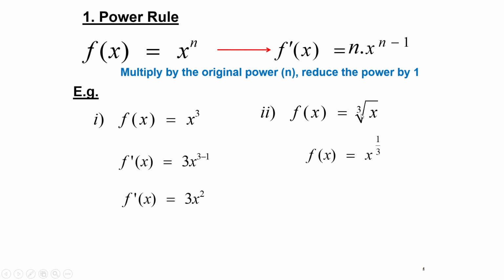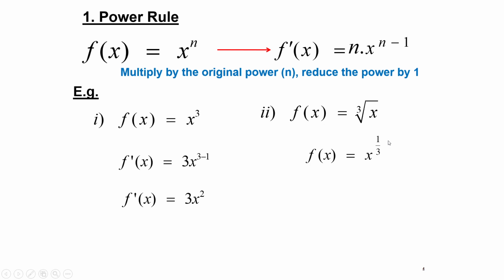If you rearrange this, it will look like x power 1/3. Cubic root of x is the same as x power 1/3. You can use laws of indices and verify that it comes to x power 1/3, just like root of x is x power half. Similarly, cubic root of x is x power 1/3.